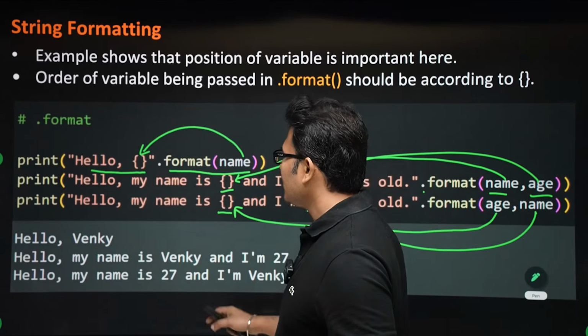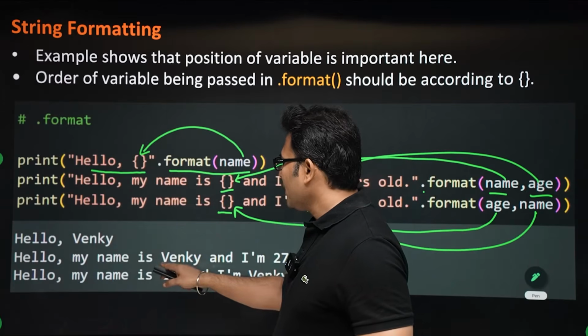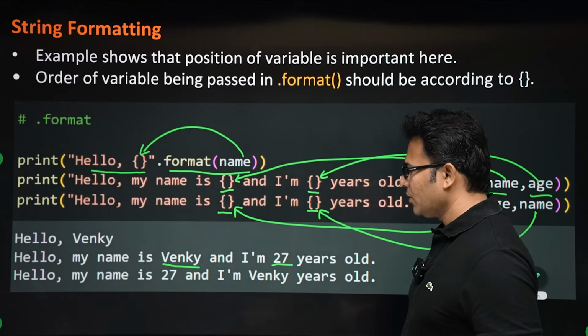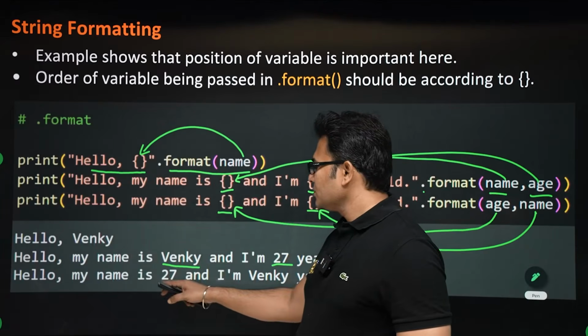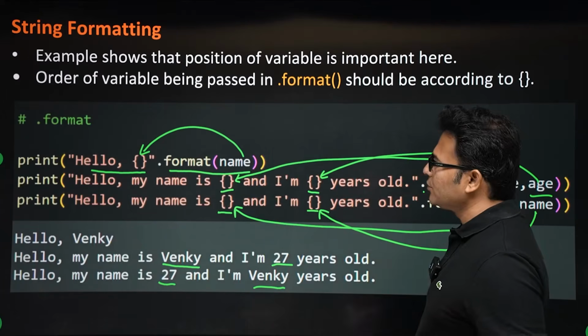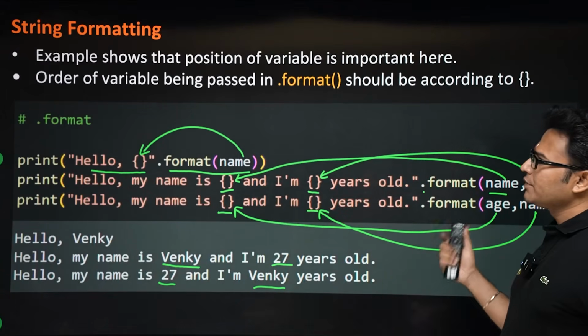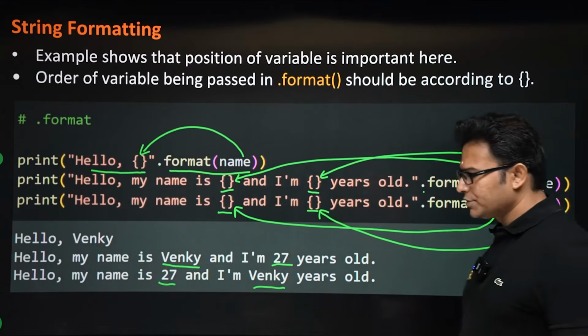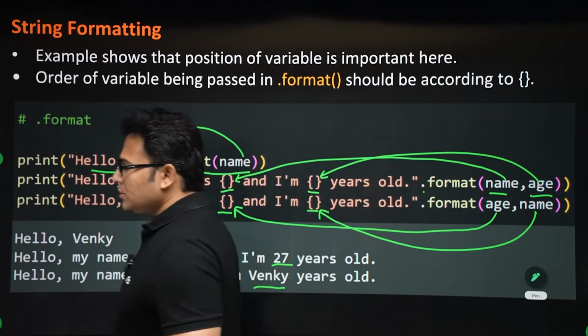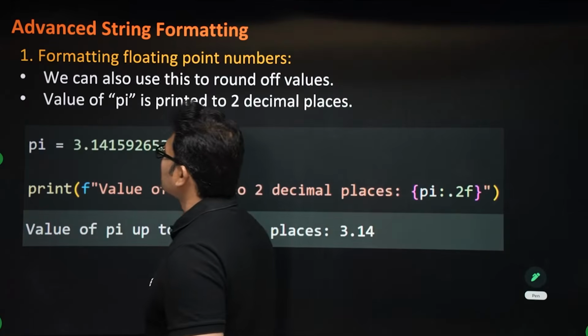That is why you are seeing that initially we get my name is Venki and I am 27 years old. And the second one comes as my name is 27 and I am Venki years old, because you have changed the order. Therefore, what you should remember about string formatting is that the order of the variables is important.